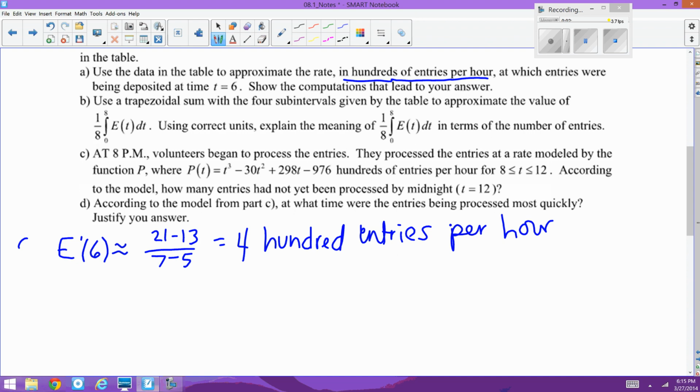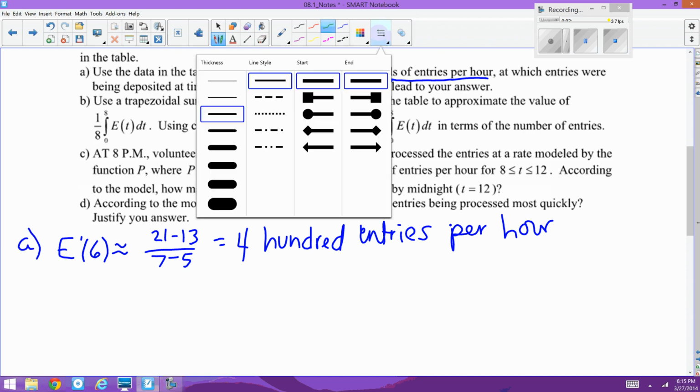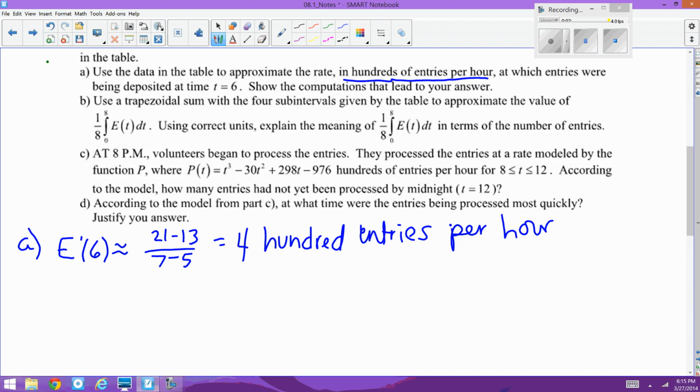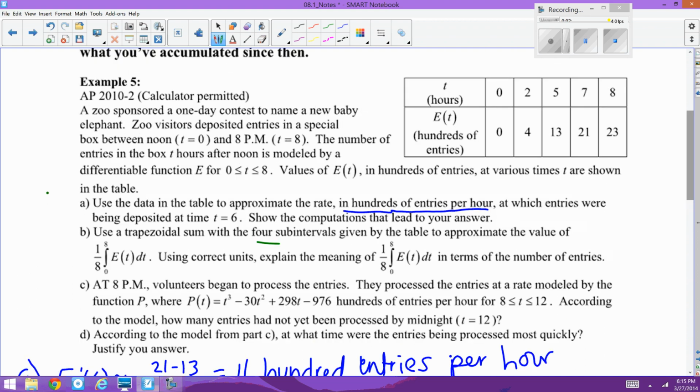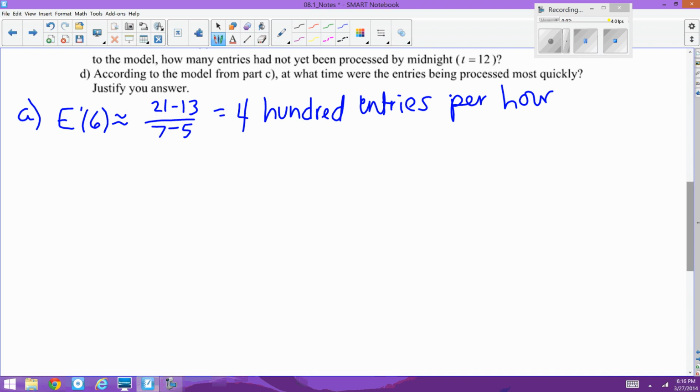All right, part B, use a trapezoidal sum. They're telling you to use a trapezoidal sum, so you need to show this with 4 subintervals. If we take a look at our table, this difference is 2, this one's 3, this one's 2, this one's 1. So we can't really use any shortcuts here when we set up this trapezoidal sum. So to approximate the value of 1/8 times the integral from 0 to 8 of E of t dt, we are approximating it by trapezoidal sum.